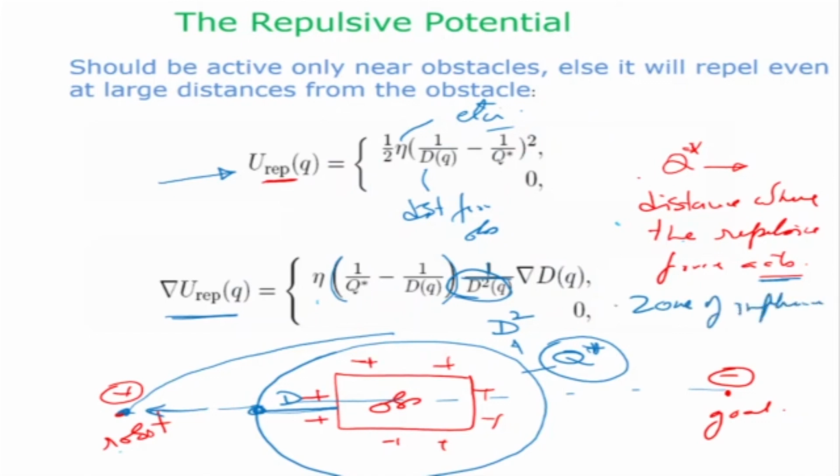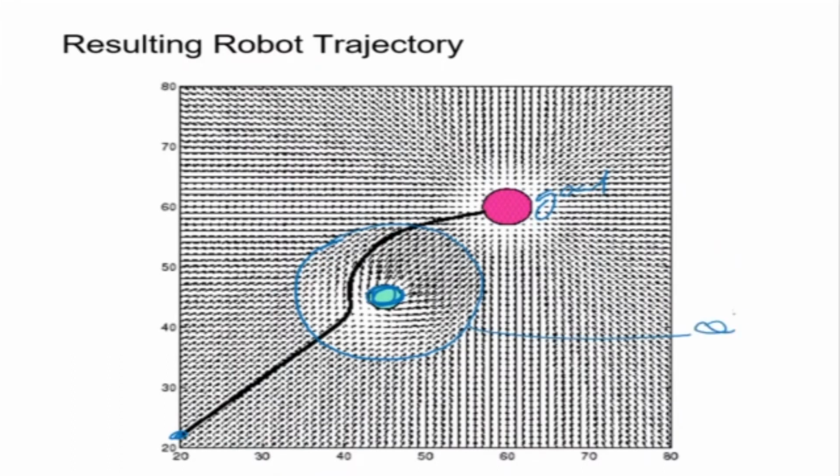Only within that distance does the effective force start working, not otherwise. The robot moves almost in a straight line towards the goal because that is the shortest path. Only when it enters the zone of influence does the repulsive force start pushing the robot away, not before that. From here the robot gets pushed away, goes like this, and reaches the goal.